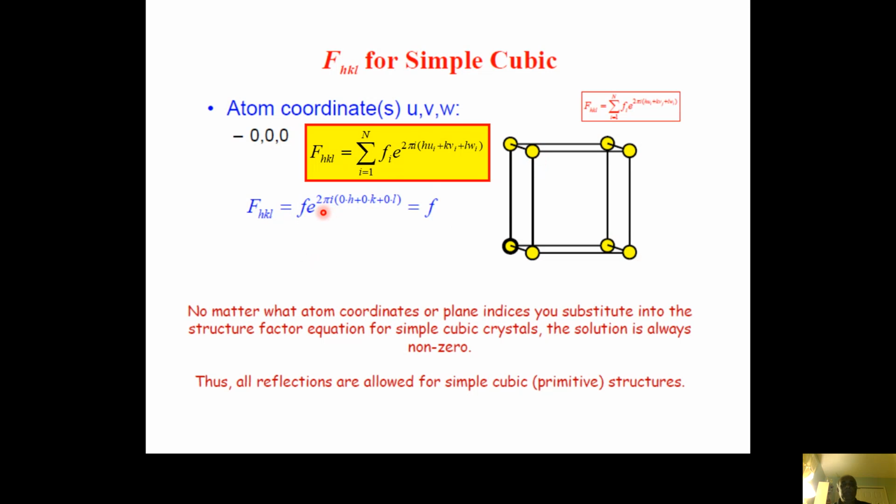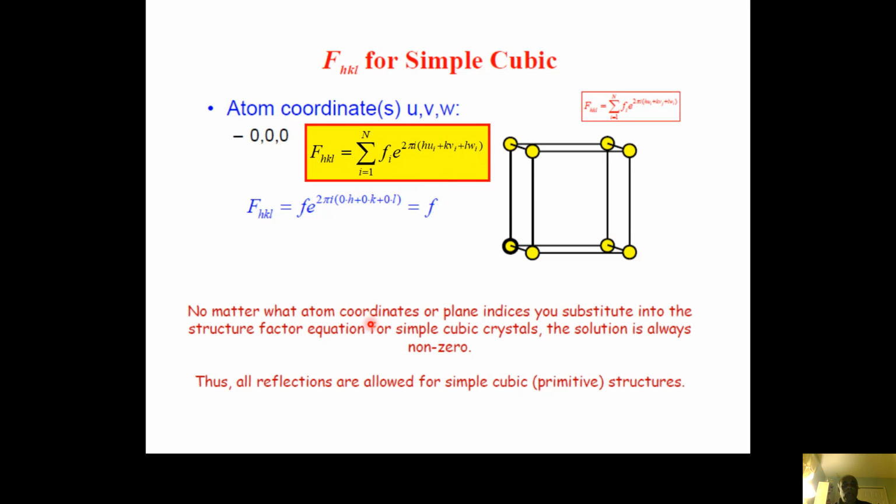So you have f times e to the 2 pi i times 0 times h, 0, because u_i, v_i, w_i are all zeros. Then you get f. That means you always get some finite value for any hkl. That's why for the simple cubic lattice, reflections or diffraction from any lattice plane are allowed.